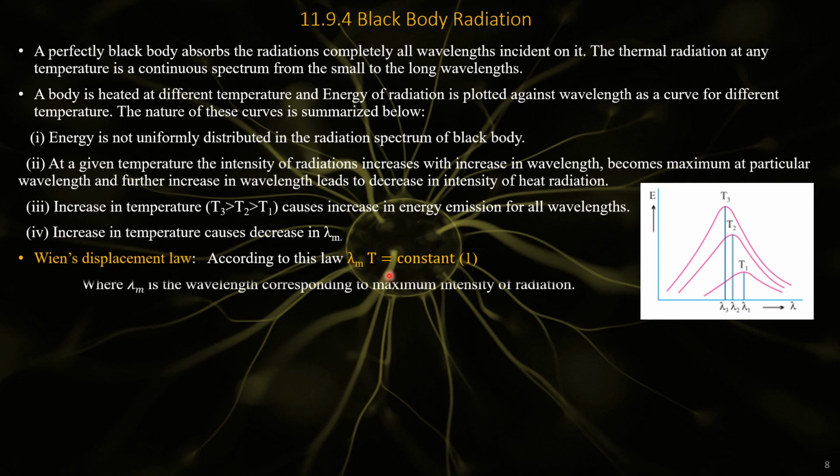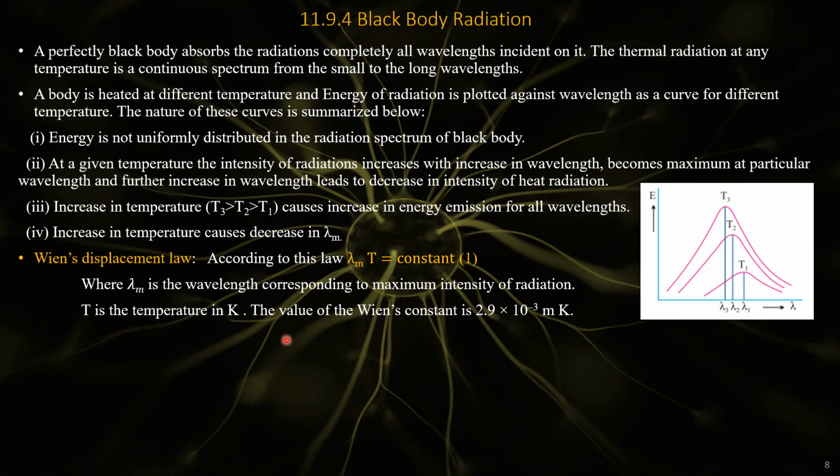Here lambda m is the wavelength corresponding to maximum intensity of radiation. Say for this curve, lambda 1 is the lambda m for the curve T1. It is the wavelength corresponding to maximum intensity. Intensity and energy are used interchangeably.